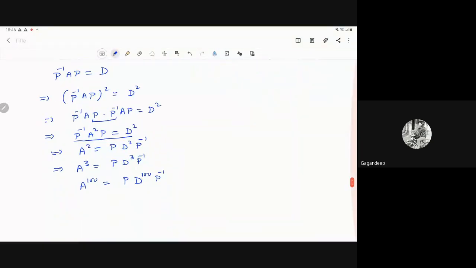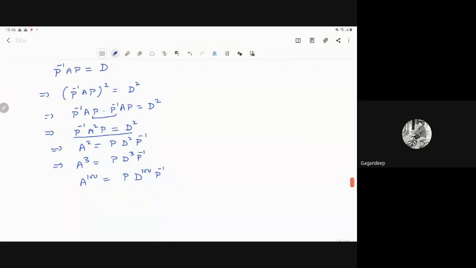Now you'll be thinking, what is the advantage of doing all this? The advantage is that for a diagonal matrix, calculating powers is very easy. For example, I write this matrix 2, 0, 0, 5. If I ask you what is D square, you can immediately tell me it is 2 square, 0, 0, 5 square.